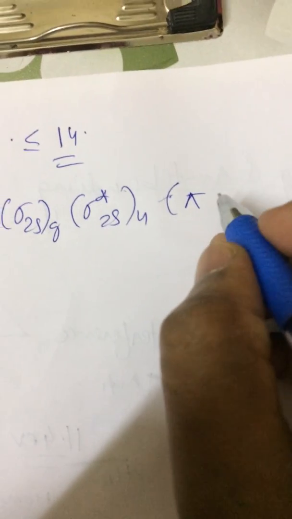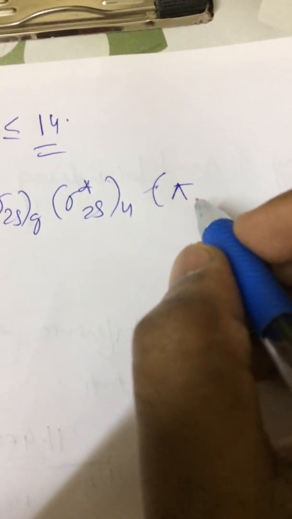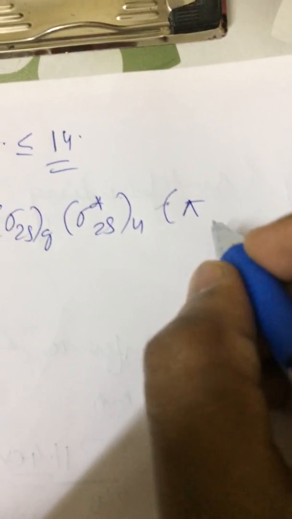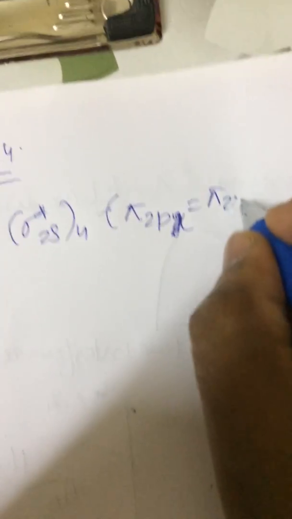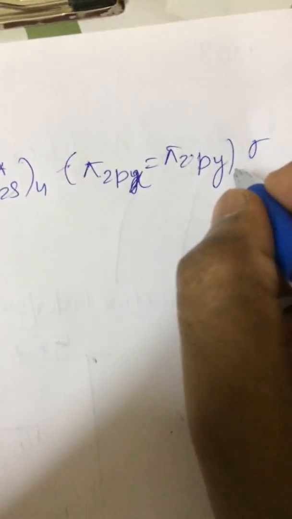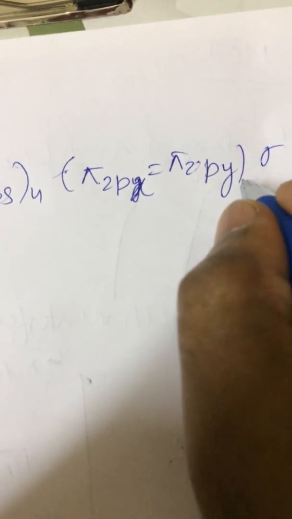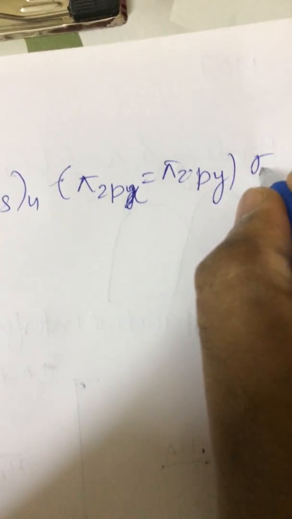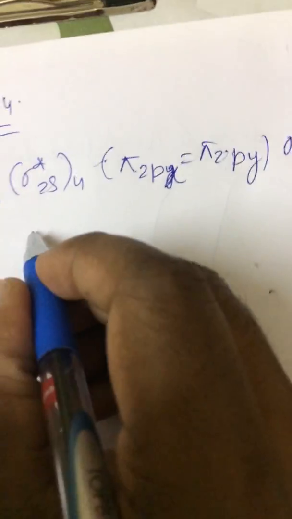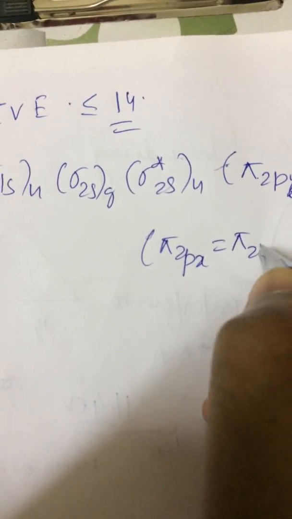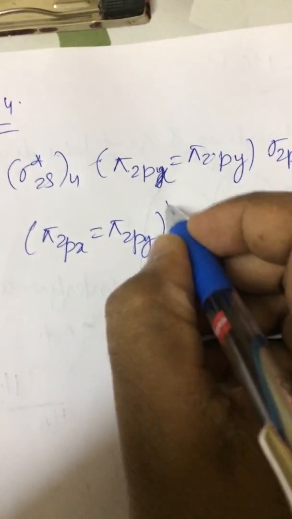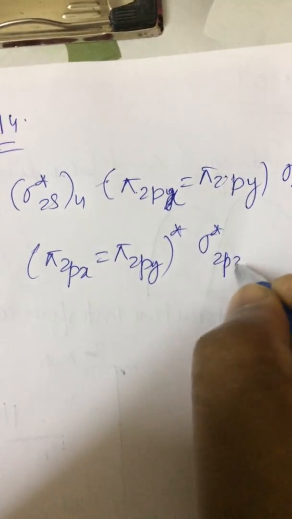So for less than or equal to 14 electrons, pi 2px is equal to pi 2py, then sigma 2pz, and pi star 2px equal to pi star 2py for antibonding, and sigma star 2pz.